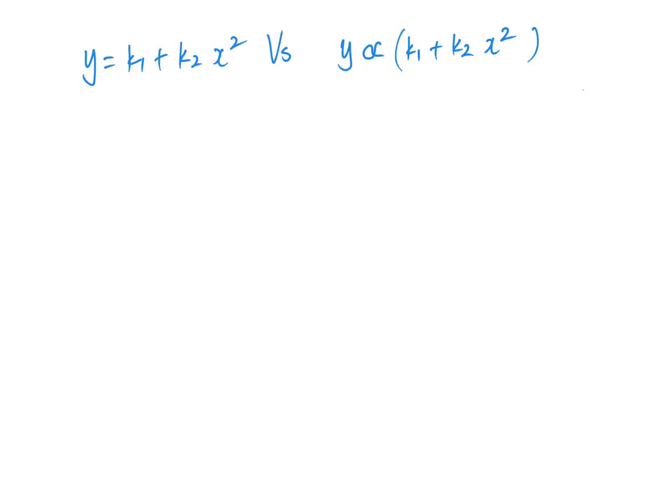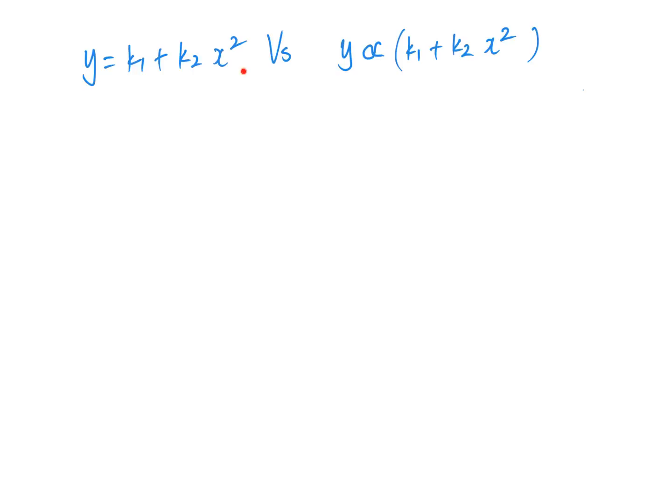One thing that I didn't mention on the previous instant drill, let's take a look together. From the last instant drill, we start from this, y equals k1 plus k2 x squared.